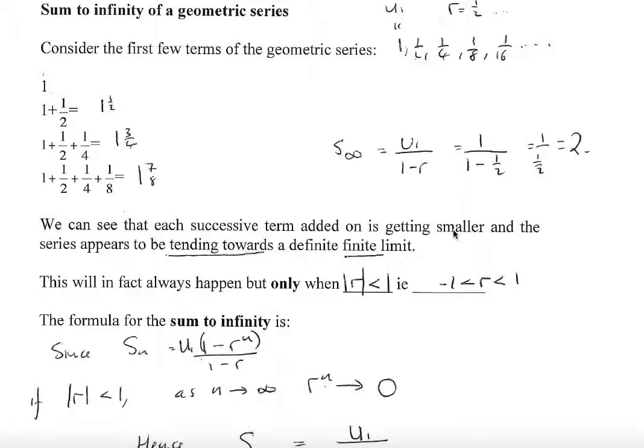So if the terms in the series have to get smaller and smaller until they become insignificant, that means that the common ratio must be a fraction. It's allowed to be between 1 and -1, so it's allowed to be a negative fraction, but it must be a fraction that's less than 1 and bigger than -1. So in other words, the magnitude of the common ratio must be less than 1.